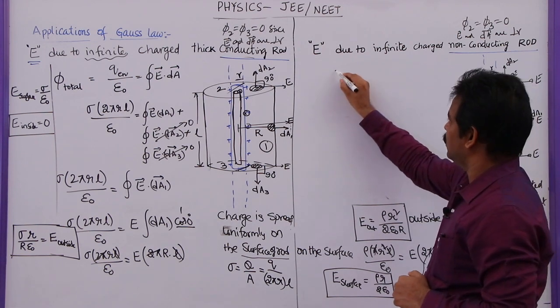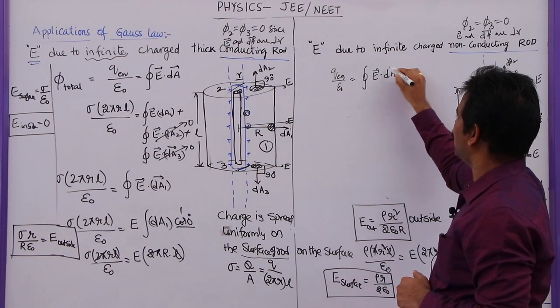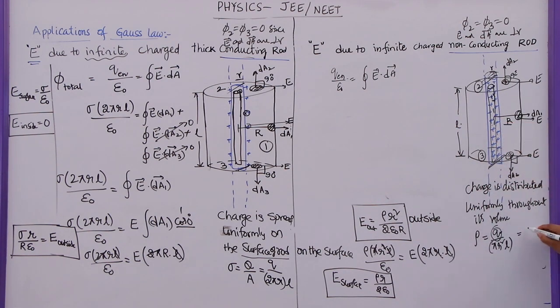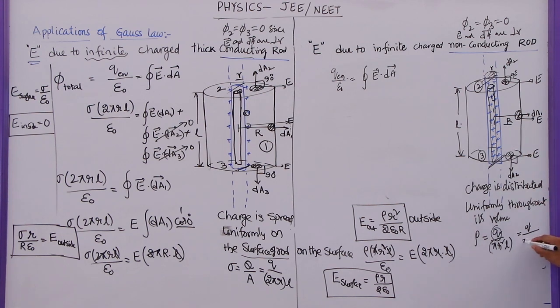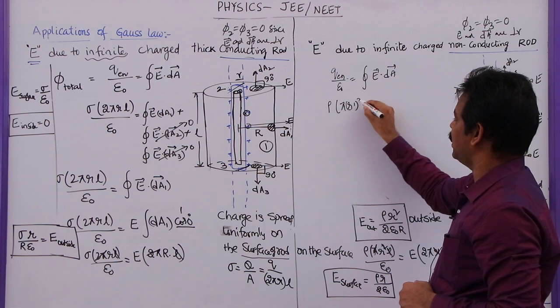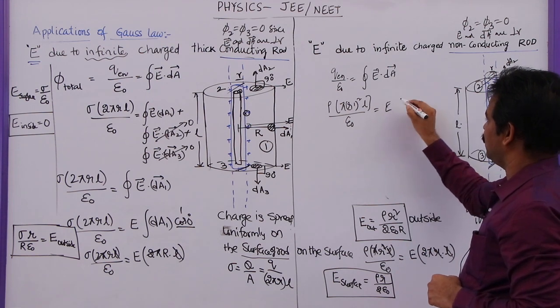Now the formula you can write: Q enclosed by epsilon naught is equal to closed integral of E bar dA. So what is the enclosed charge now? In the same case, let us say the charge is not Q now, this is Q dash. And what is the volume of this thin cylindrical closed Gaussian surface? So this is r dash. So I can write pi r dash square L. So Q enclosed is equal to rho into pi r dash square L. So rho into pi r dash square into L by epsilon naught is equal to E, which will come outside.